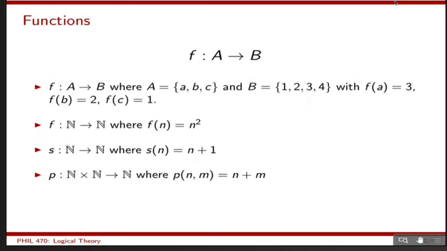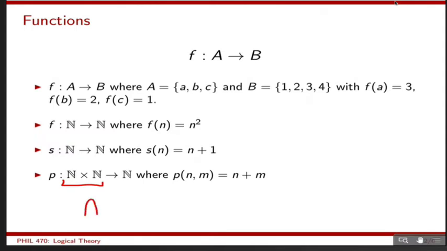Finally, a little bit more complicated function, this function p. This uses a new piece of notation that you may not be familiar with, N cross N. This is the set of all ordered pairs.